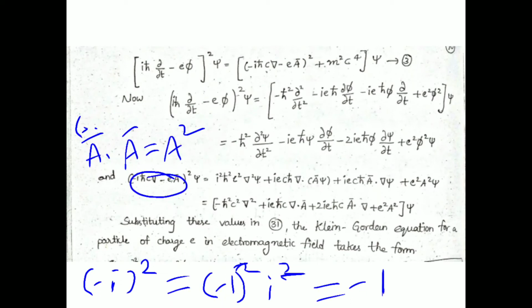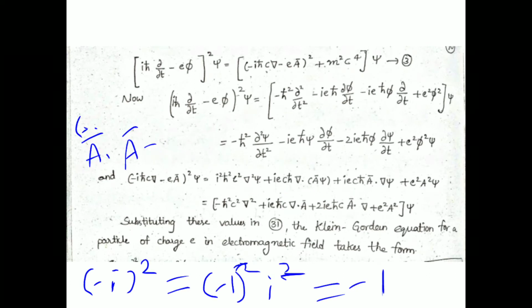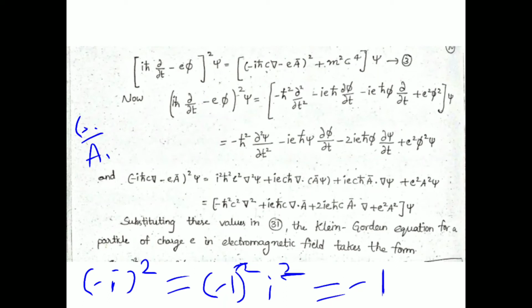So here it is A square, that is nothing but A dot A, hence we are having the dot product here. So this is nothing but small a dot a, small b dot b, small a dot b, and this is small b dot a. By doing the dot product, we would get these things.